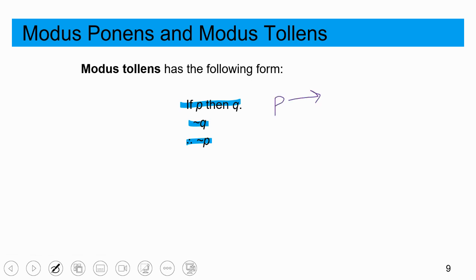So if P implies Q, then we know that not Q implies not P. Remember, that's called the contrapositive. So if we assert that this is true and this is true, then our conclusion is not P. And that's called modus tollens.